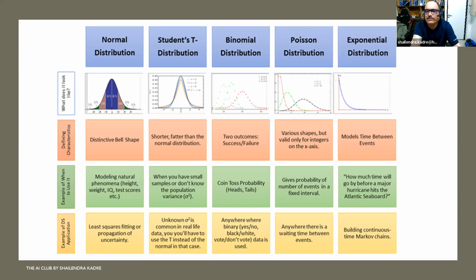Poisson is a little complicated kind of distribution. I'll give you an example. Say I'm the Bangalore airport manager, and you go to the Bangalore airport and tell him that you're a statistician, trained in statistics.